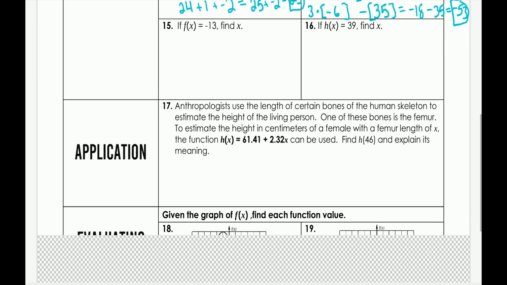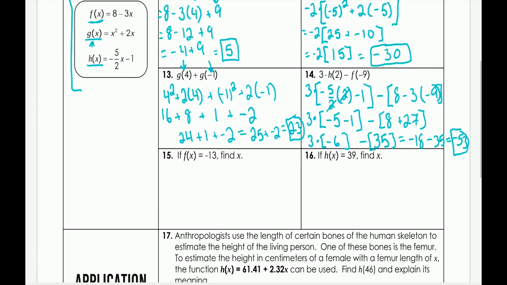Number 15. If f of x is equal to negative 13, we're asked to find the value of x. So if f of x, in other words, this guy, so if 8 minus 3x is equal to negative 13, what is x? So in other words, we have to solve this equation for x.